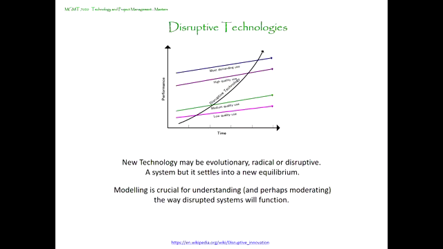Not all technology changes are disruptive. A lot of technology changes are evolutionary. That is, they just do what's being done at the moment, only they do it better or quicker or with fewer people or with greater engagement of customers and stakeholders and whatever. So they may be evolutionary. And you may get some radical change, but it's not called disruption until it actually makes a big change to the way the world works.